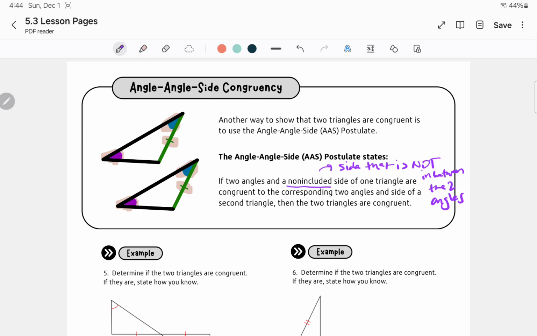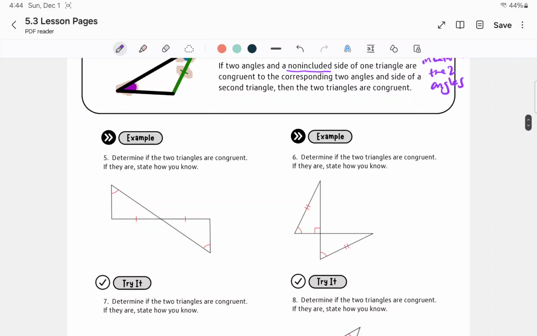So let's look at number 5. Let's actually draw in the vertical angles. So we have a vertical angle here and here. And so we have an angle, and a side that's not in between. We have an angle, and a side that's not in between.